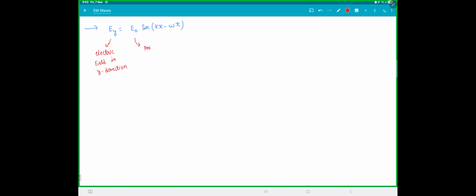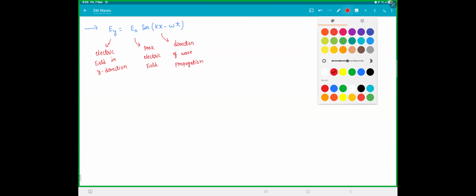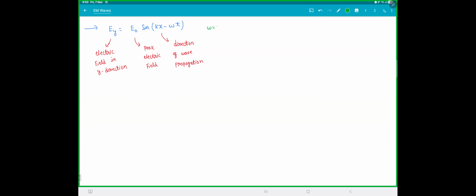E naught is called the peak electric field. x is the direction in which the wave is moving. This omega is 2 pi f, where f is the frequency of light.